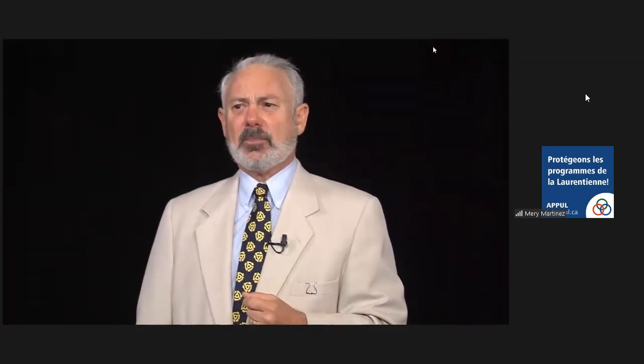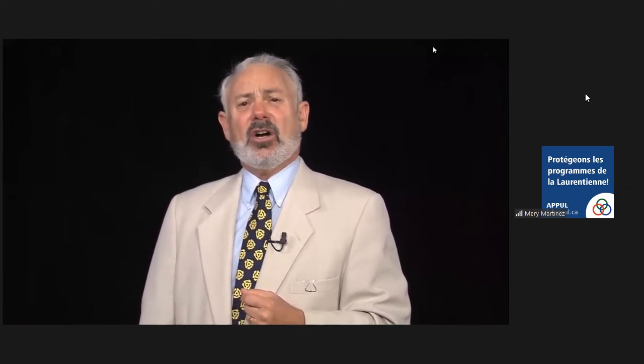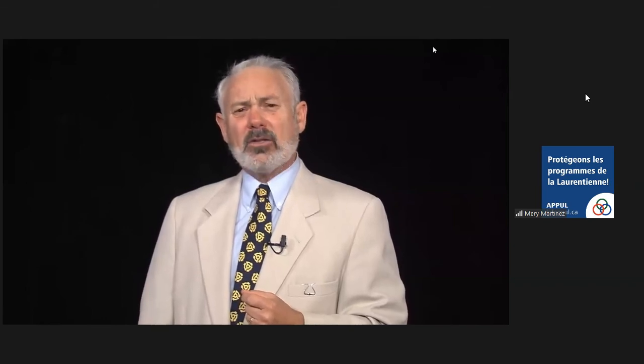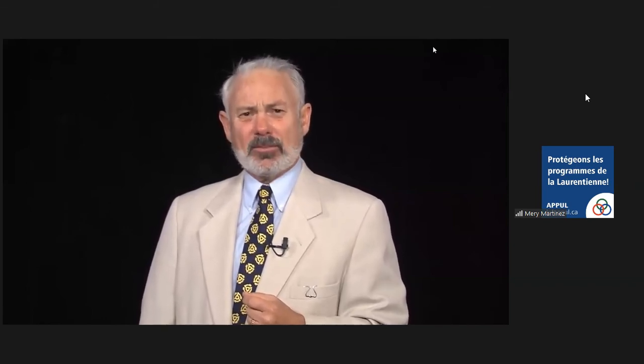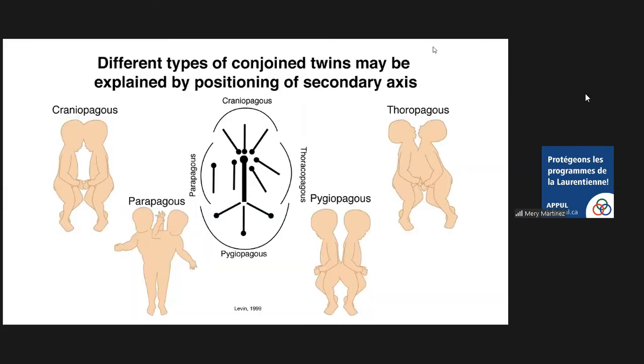So Levin and others have speculated that the different types of conjoined twins depend on where a new axis is formed during gastrulation. So if it's formed in the anterior, you get twinning such as craniopagus twins, where the twins are joined at the head. If it is lateral to the original primitive streak, you get parapagus twins, which have two embryonic axes starting from a common point.